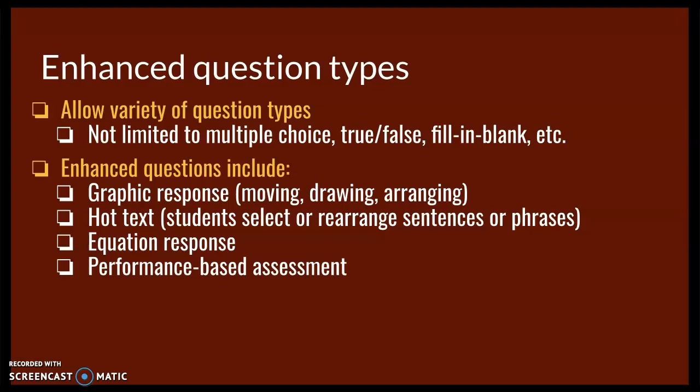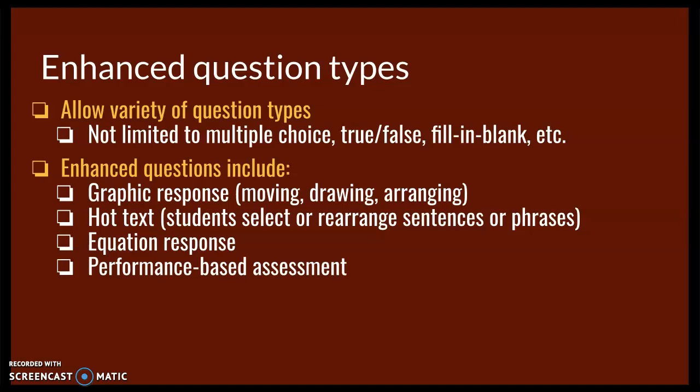For instance, we're teaching students the value of money, and we can have them go up and move around coins. Maybe we have JPEGs of coins and they have to arrange them to equal 52 cents, or they have to put them in order from smallest to largest, or things of that nature. On a smart board, that's really a great way of assessment. Hot text, same thing with, for instance, words or phrases or sentences.